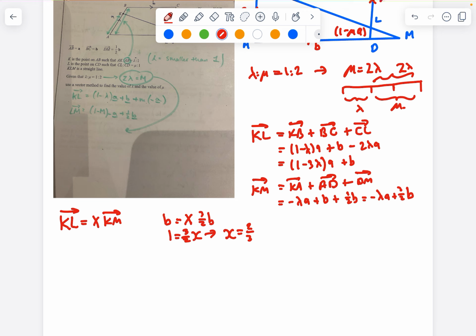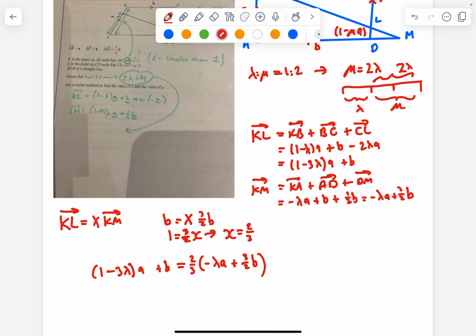So now I know that KL, which is 1 minus 3 lambda A plus B, is equal to 2/3 times KM, minus lambda A plus 3 over 2 B. Now all I have to do is work out what my lambda is.